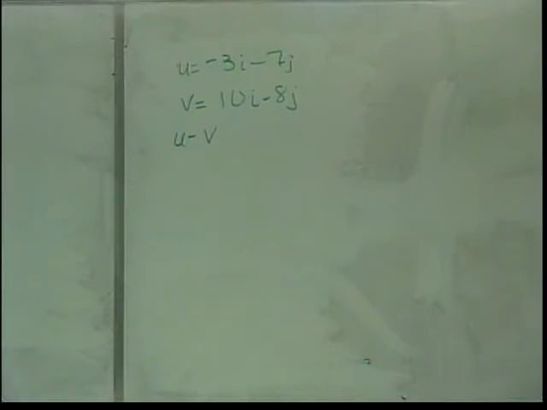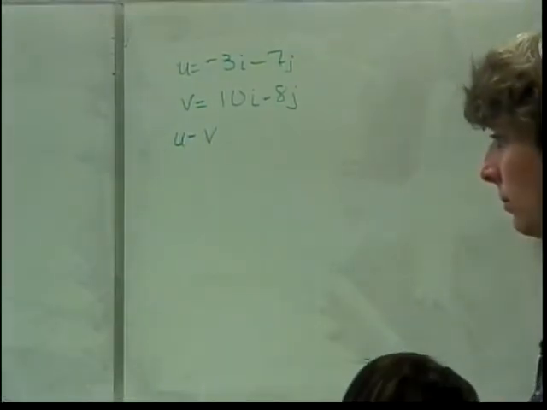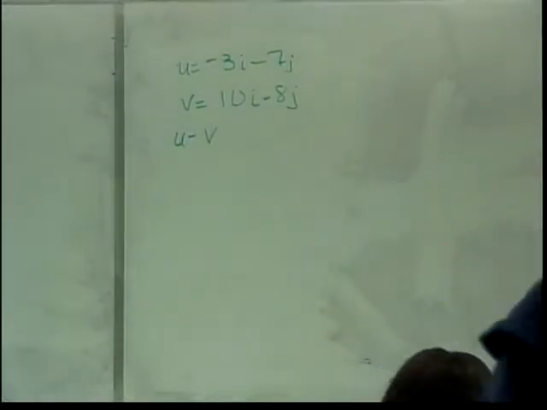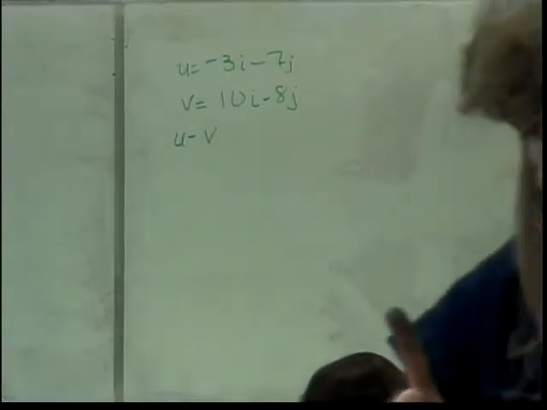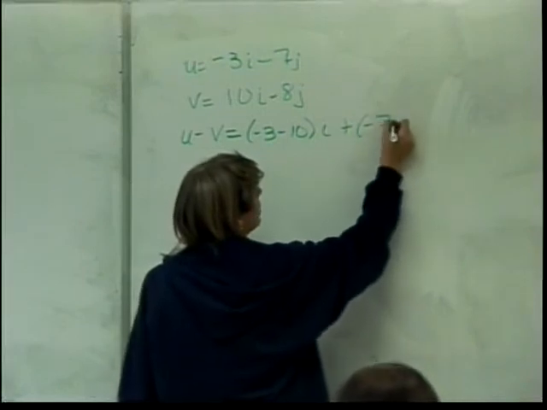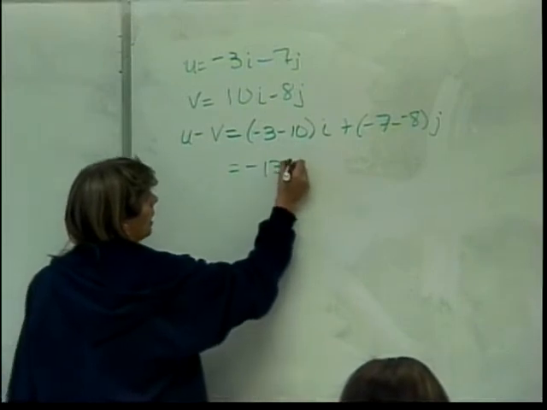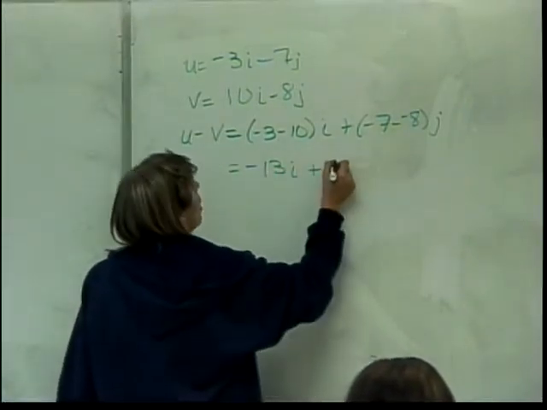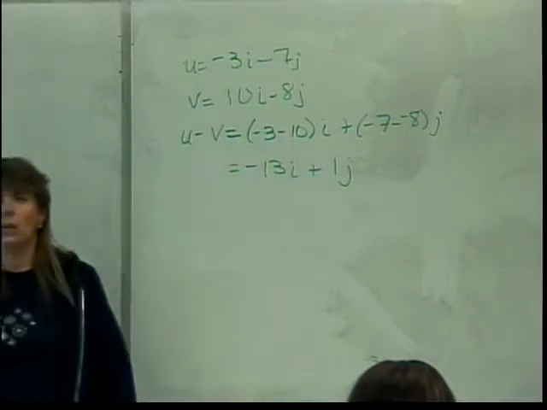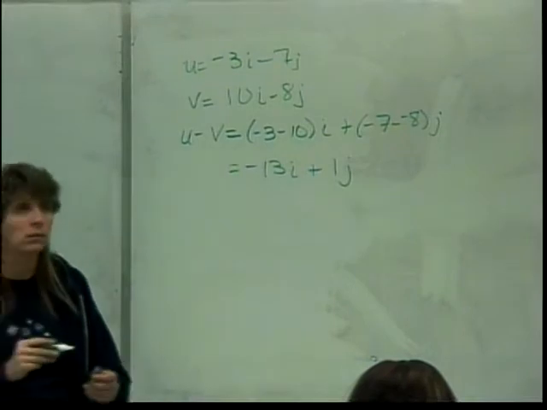You're subtracting. Right, you subtract the numbers. All these negative signs just drive me nuts, and you're going through fixing it. I plus negative 7 minus negative 8j will give us negative 13i plus 1j. And you don't have to write the 1 if you don't want to. Oh, but in WebWork you probably are going to have to because you have to go in blanks.